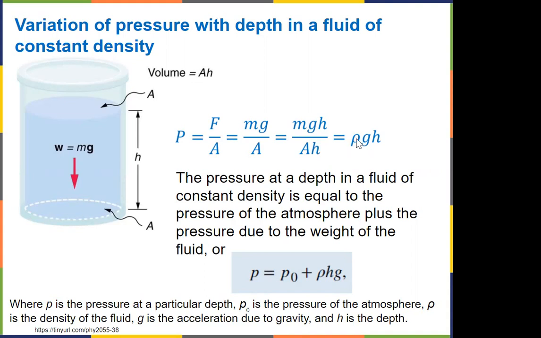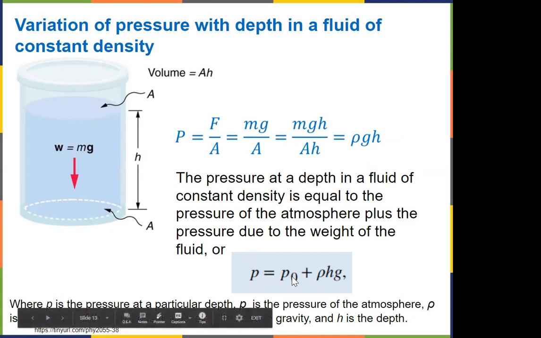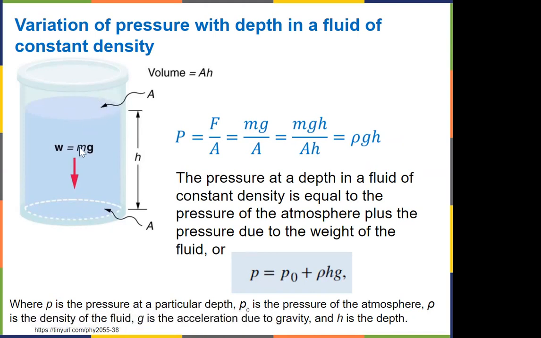So rho g h will be equal to P. You can see clearly P is proportional to h, the depth or height of the liquid. Now, if this is not vacuum but open to air, then P should be equal to the atmospheric pressure plus rho g h. So whatever the pressure is on the top, plus the pressure from the weight of the liquid.